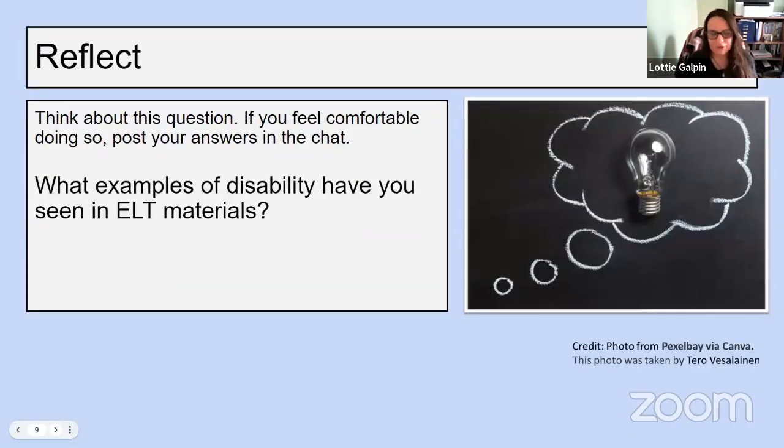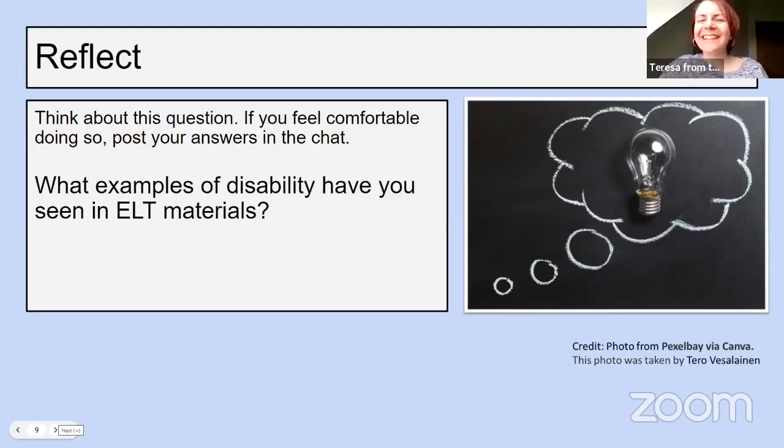So I have another question. What examples of disability have you seen personally in ELT materials? I was thinking about this recently because in the most recent Cambridge Starters, Movers, Flyers, in some of the images, like in the listening, there's an activity where they have to match the names to the people, and I think there were children in wheelchairs.